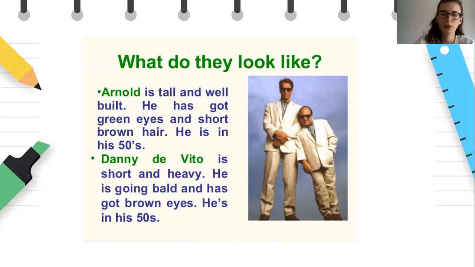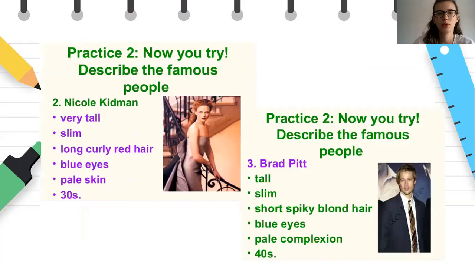That would be all for this lesson. Now you can see some exercises. Describe the famous people. So you have the name of the famous people and information given on how to describe them.